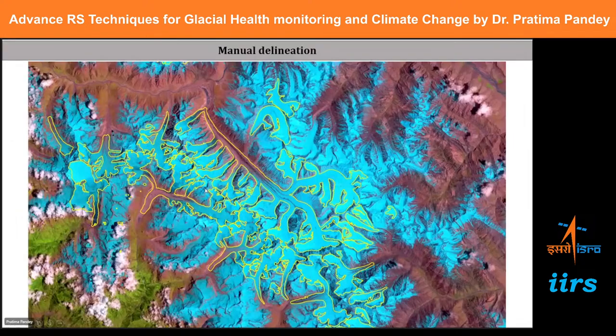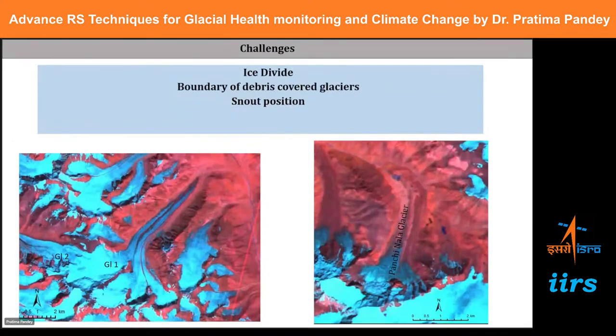So what are the challenges in the mapping of the glacier using optical data? One is to identify the ice divide. What is ice divide? As you can see from this image, this is one glacier. This is the accumulation zone, and the glacier is flowing from here to here. This is the upper part of the glacier and this is the lower part of the glacier.